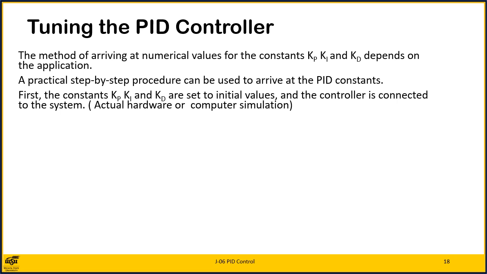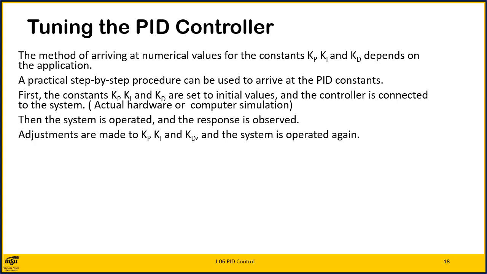First, the constants Kp, Ki, and Kd are set to initial values, and the controller is connected to the system. The system could consist of the actual hardware or a computer simulation of the same. The system is operated and the response is observed.